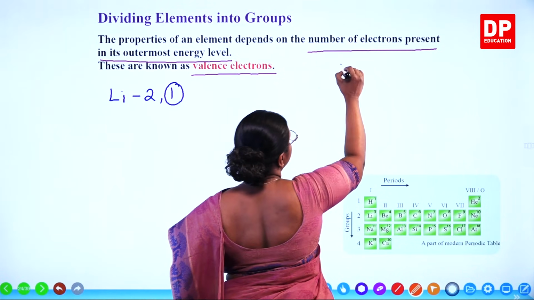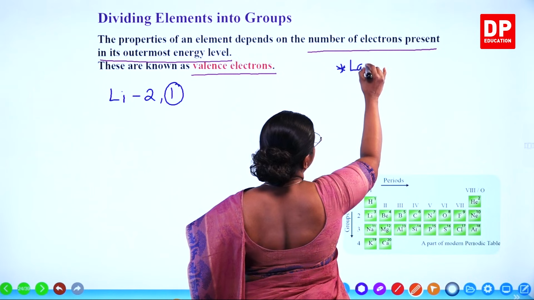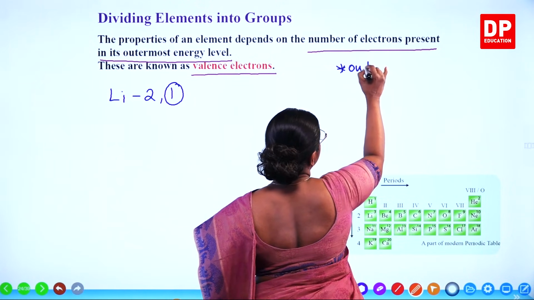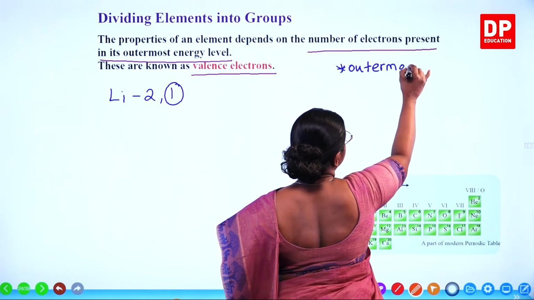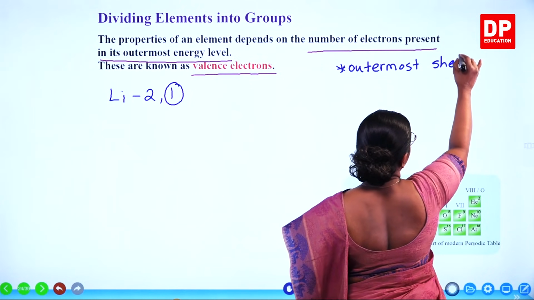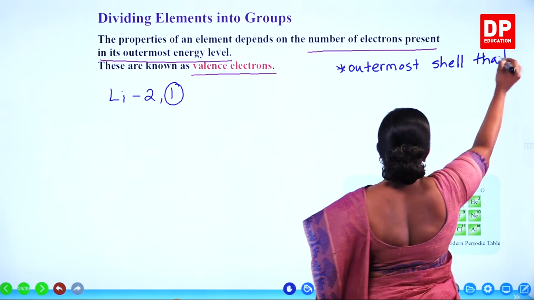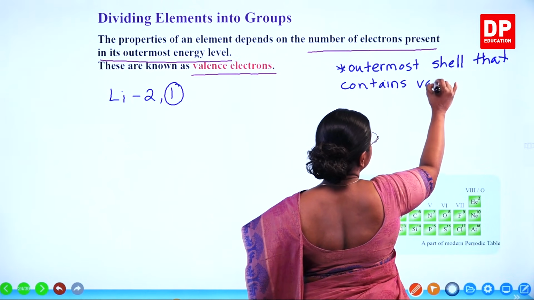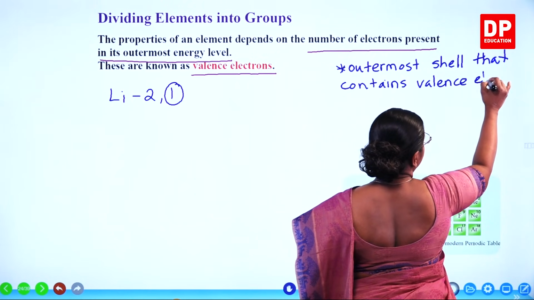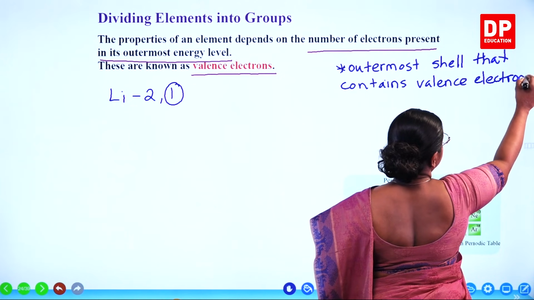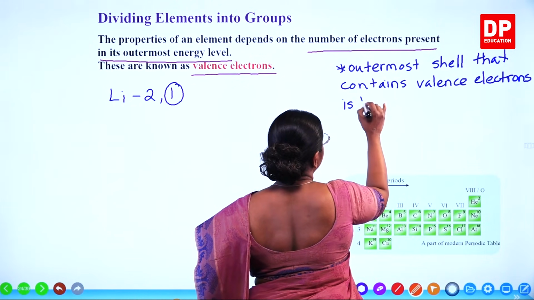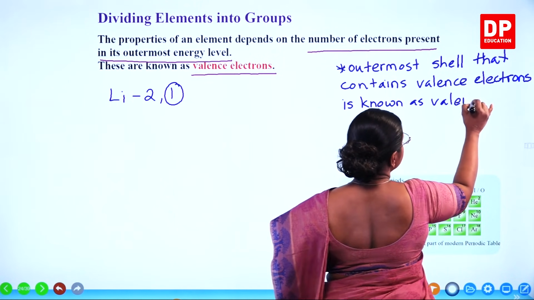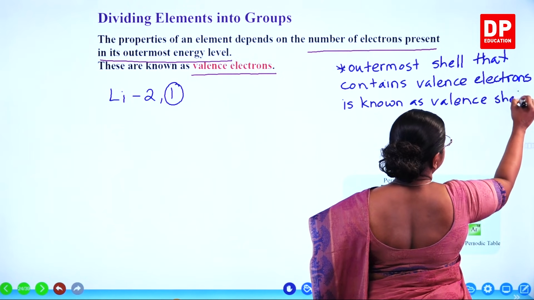As a note, I will write it here. The outermost energy level, the outermost shell that contains valence electrons, is known as the valence shell.